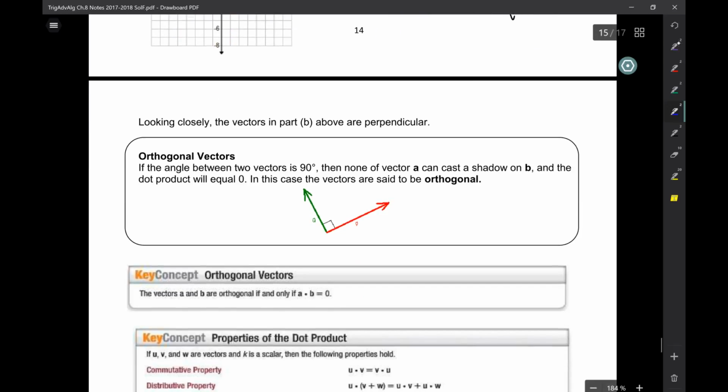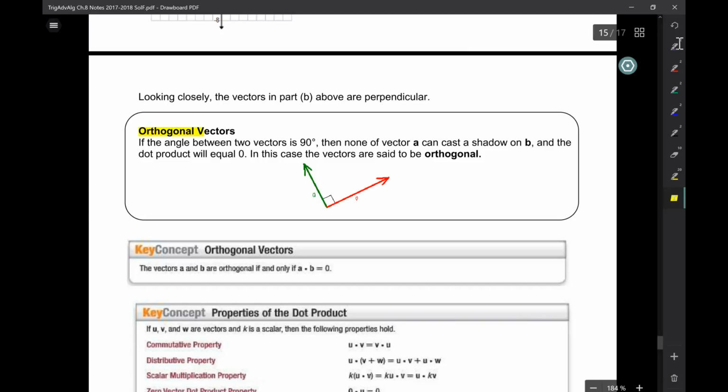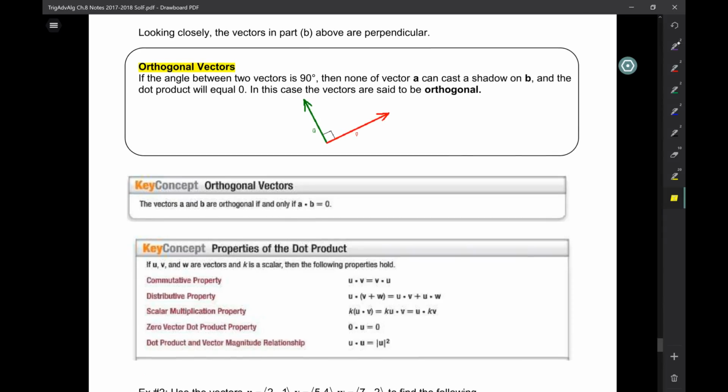With vectors, we don't call them perpendicular, we call them orthogonal. So let's think about what that word means. What's an orthodontist? What does the orthodontist do to your teeth? He makes them straight, right? And what does an orthopedist do to your bones or your spine?